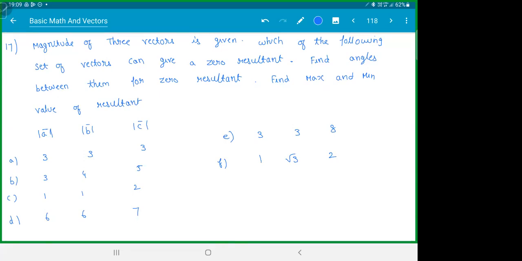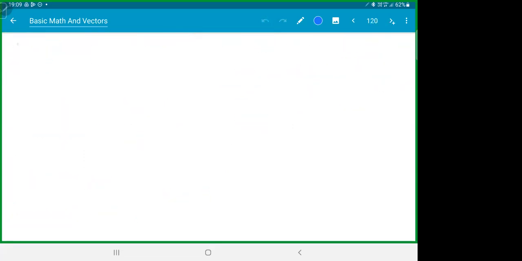So for 3, 4, 5, what kind of triangle will this form? Yes, it can form a triangle. The sum of two sides is greater than the third.